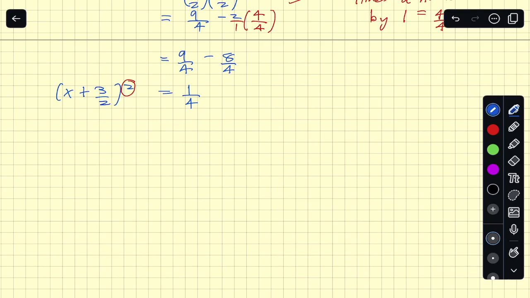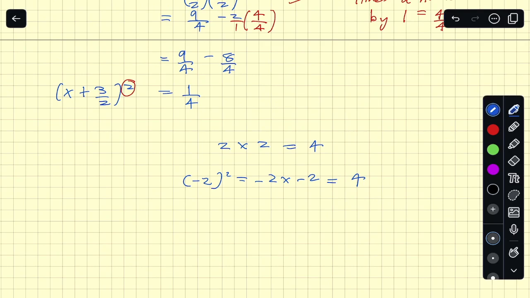But if I have a number that is positive initially, then if I square that number, it's still positive. For example, 2 times 2 is equal to 4. It's still positive. If I have minus 2 all squared, this is going to be minus 2 times minus 2. A negative times a negative is a positive. So what's positive? It's all squared.